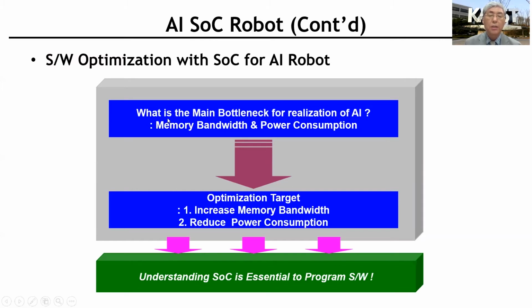So there is some limitation in memory bandwidth, and also power consumption should be minimized. So you should develop your software and SoC to increase the memory bandwidth and reduce power consumption. So the SoC is very important to optimize the software. So you have to understand the SoC very well to program very nice software.